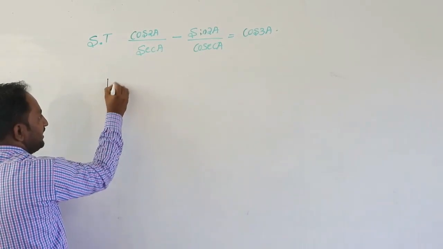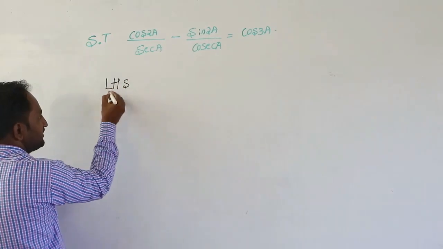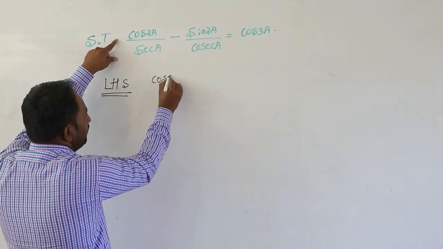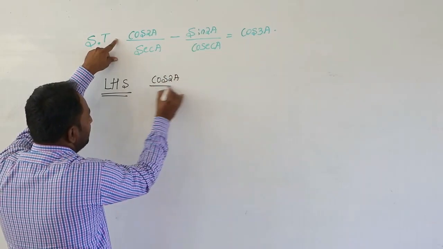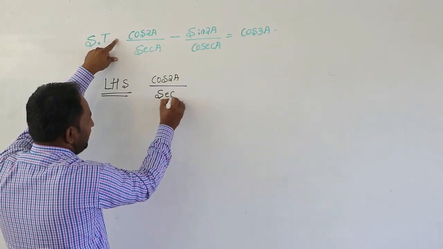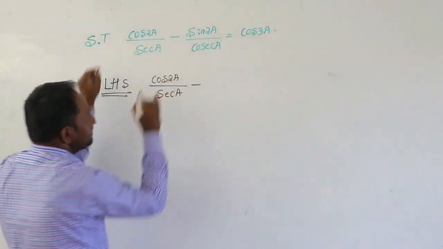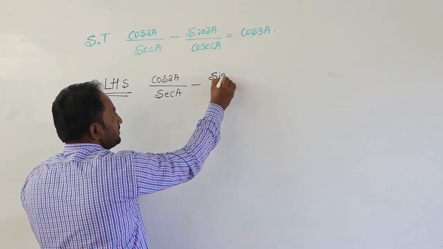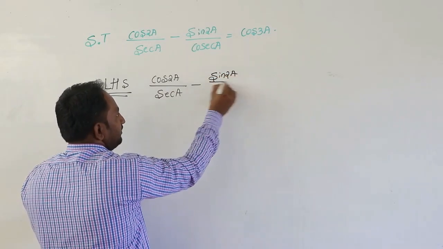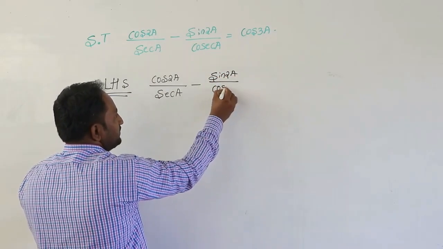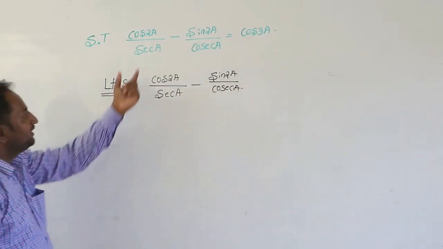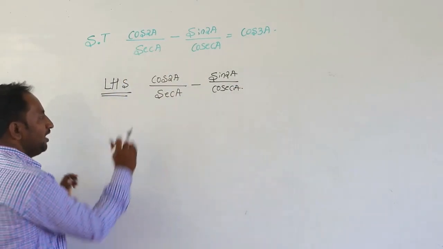First consider LHS: cos of 2A divided by sec A minus sin of 2A divided by cosec of A. First, we can take LHS concepts.